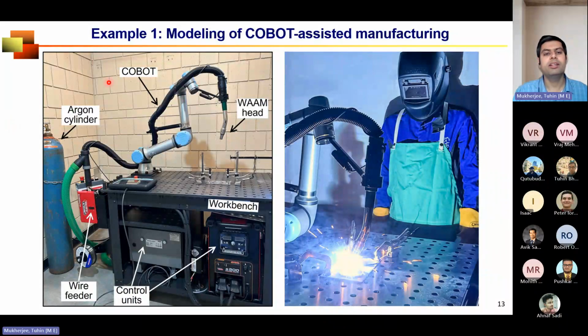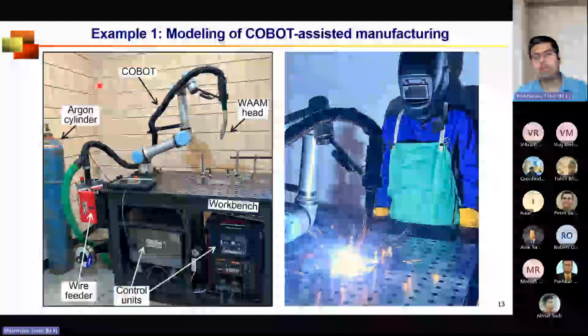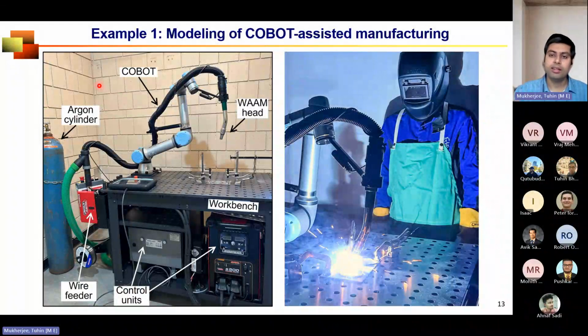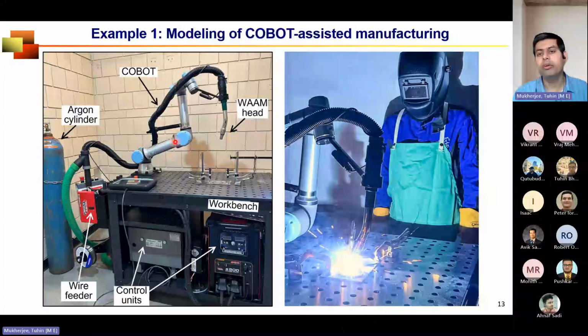So people have started thinking of how you can combine the robotic technologies or automation technologies and at the same time take advantage of humans. So collaborative robot means it can take advantage of both the robots and the human intervention. So we have a cobot, we use the cobot for doing welding and wire arc additive manufacturing, as you can see in the right hand side picture.